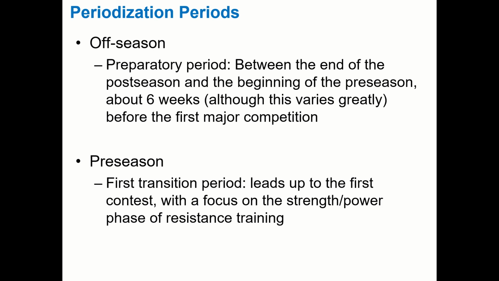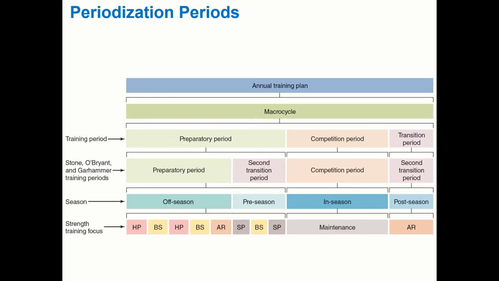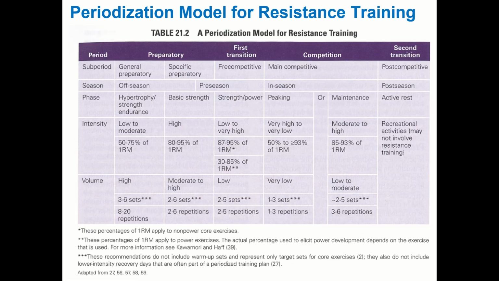Then the preseason is that first transition period, or the pre-competitive phase, to use the terminology that they used in the Bompa book. In season is the main competitive phase, and then postseason is that second transition phase, where they get, like I said, about a month to rest. Same concept here, so you can see the different terminology juxtaposed to each other, if that's helpful for you. So that's in that graphic.